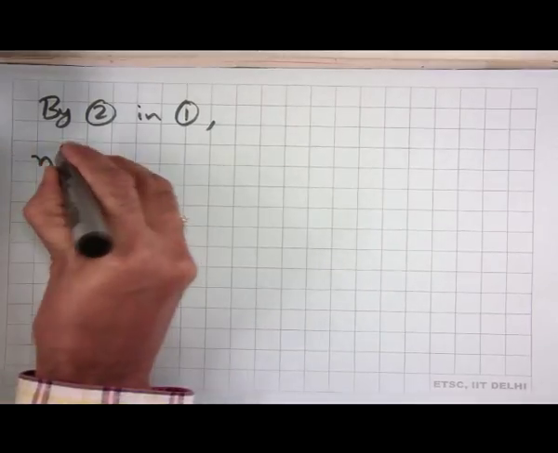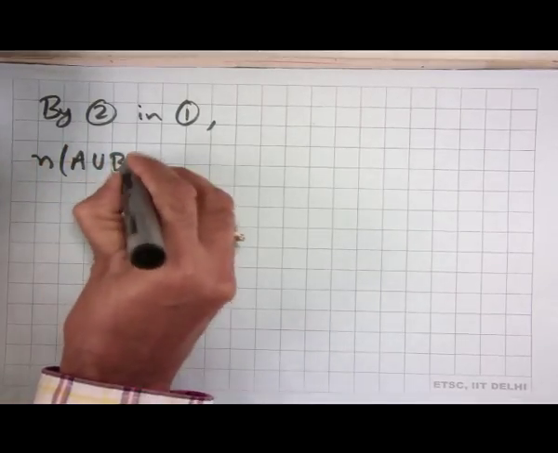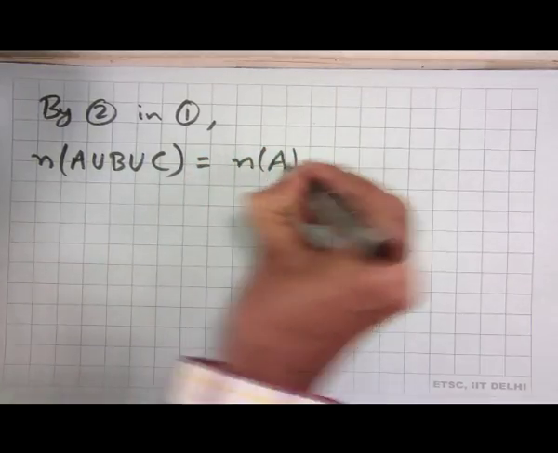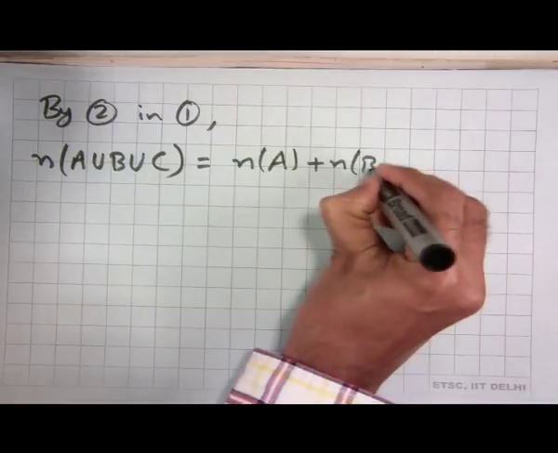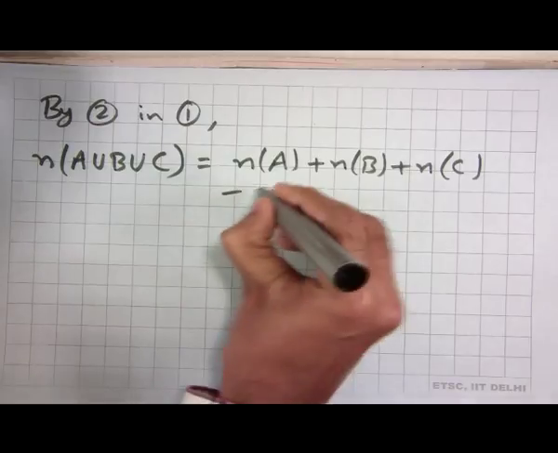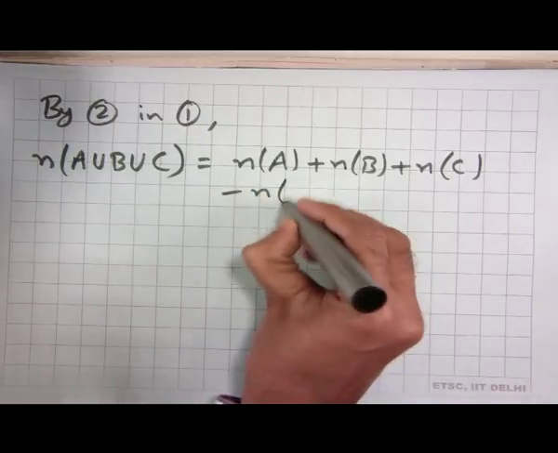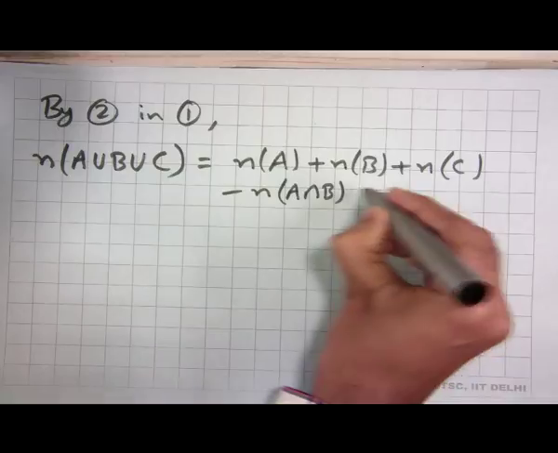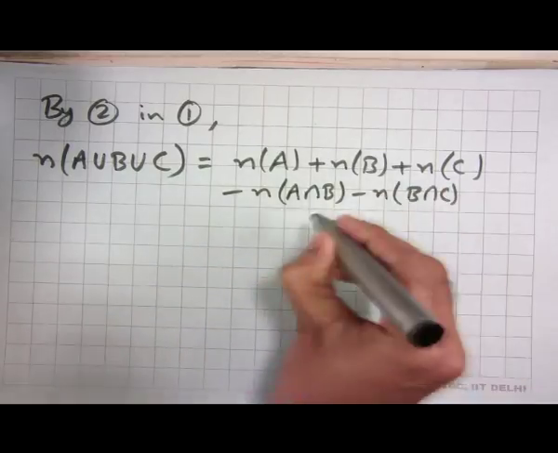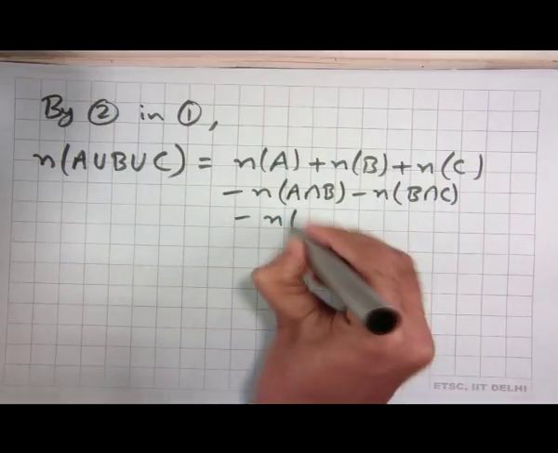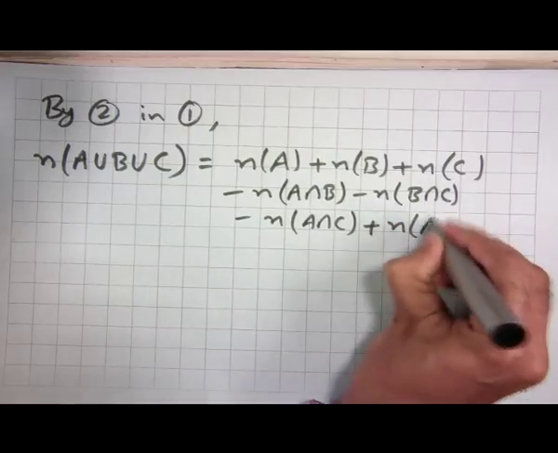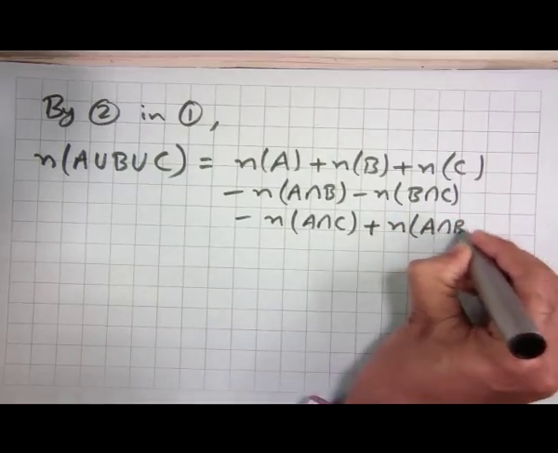N of A union B union C is equal to n of A plus n of B plus n of C minus n of A intersection B minus n of B intersection C minus n of A intersection C plus n of A intersection B intersection C.